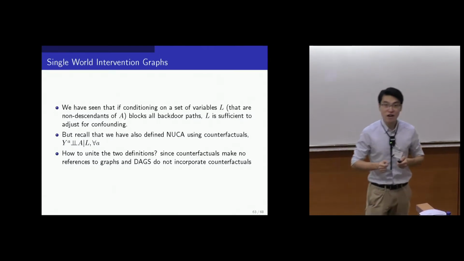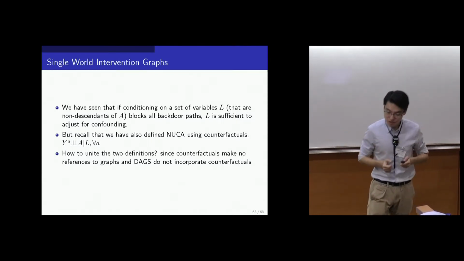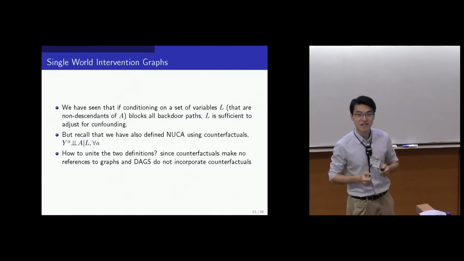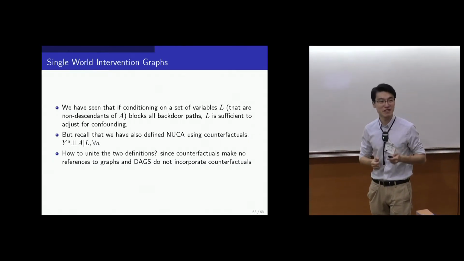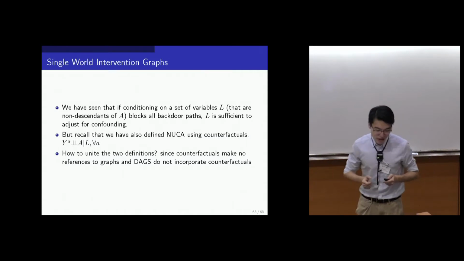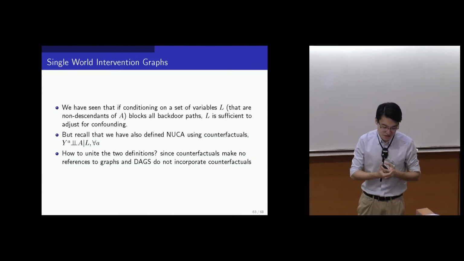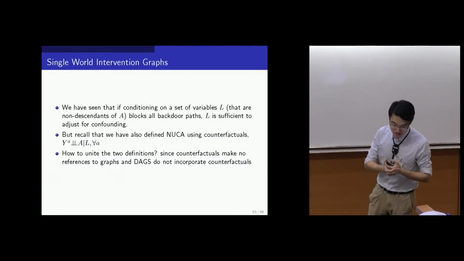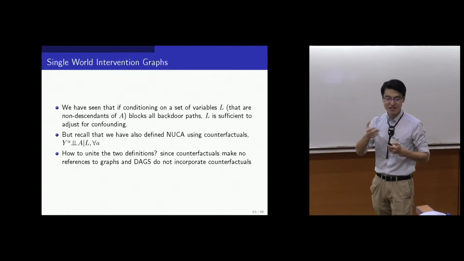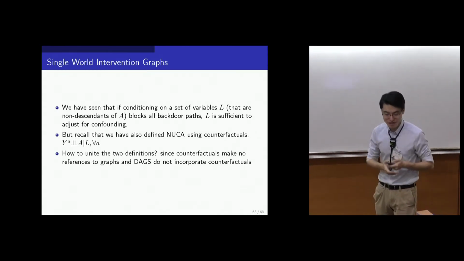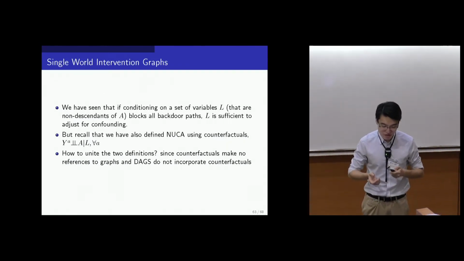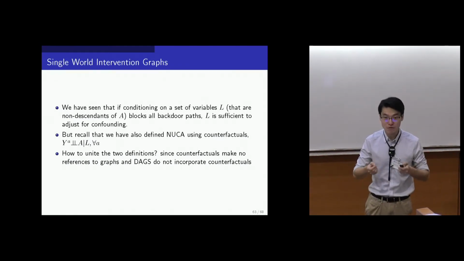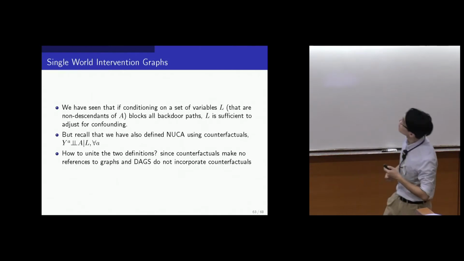Okay, so this will be the last few slides for the tutorial today, and I think I'm ending quite early. Earlier in the day, we talked about the no unmeasured confounding assumption using the counterfactual or potential outcome language.